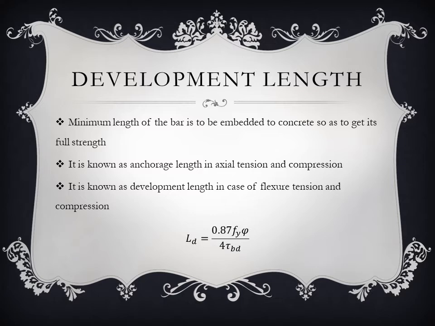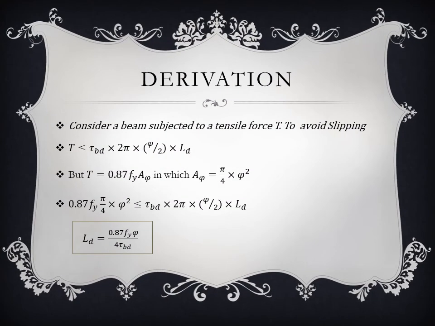This is also known as anchorage length in case of axial tension or compression, and usually we use development length in case of flexural tension or compression. The formula for development length is LD is equal to 0.87 Fy phi by 4 tau bd. This is how we got the development length.